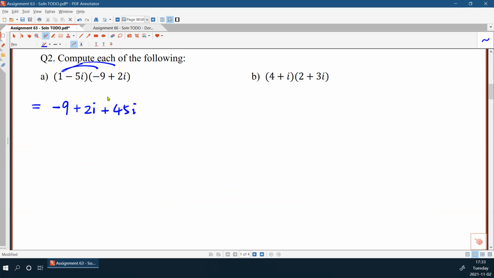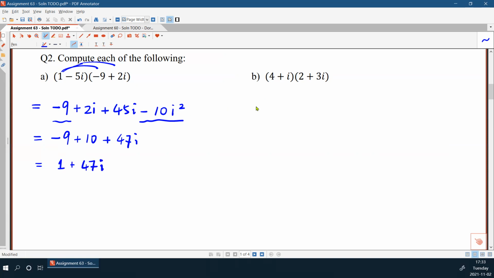Then -5i times 2i is 10i squared. And then we can simplify. -9 minus 10i squared. i squared is -1, then times -10 is plus 10. Then plus 47i, right?